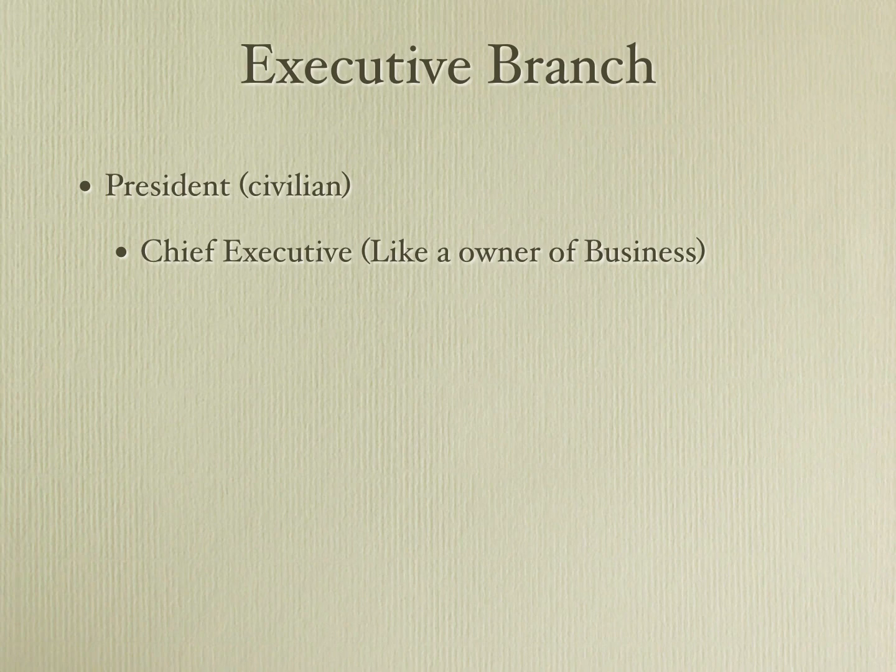You have lots of departments that fit under the executive branch, and the president is responsible for the running of those departments. Each one of those departments has a head, and they are normally selected by the president when they come into office.